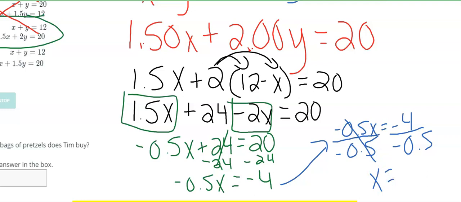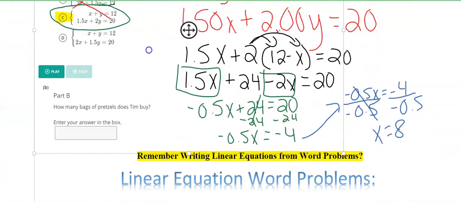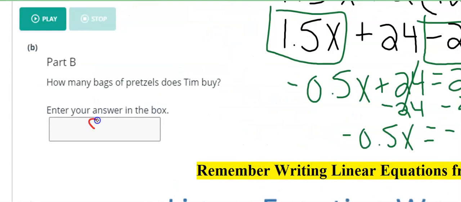And dividing a negative by a negative, we know, is a positive. Negative 4 divided by negative 0.5 is equal to 8. So I know that he bought 8 bags of pretzels.